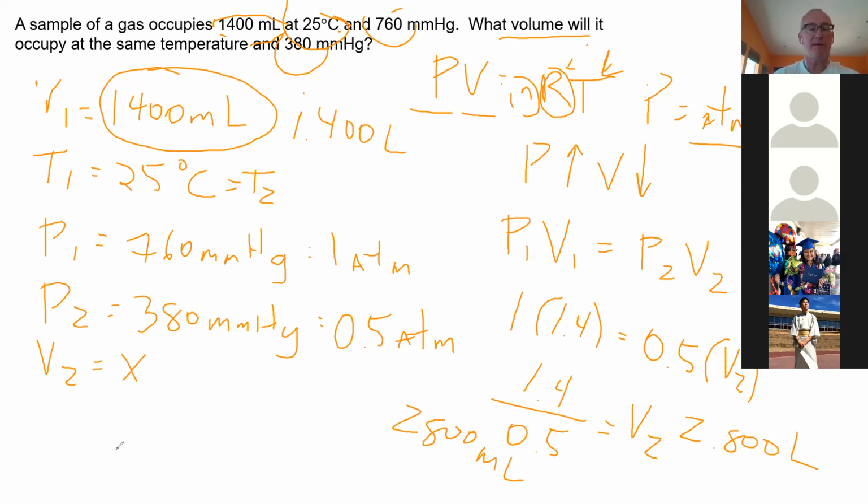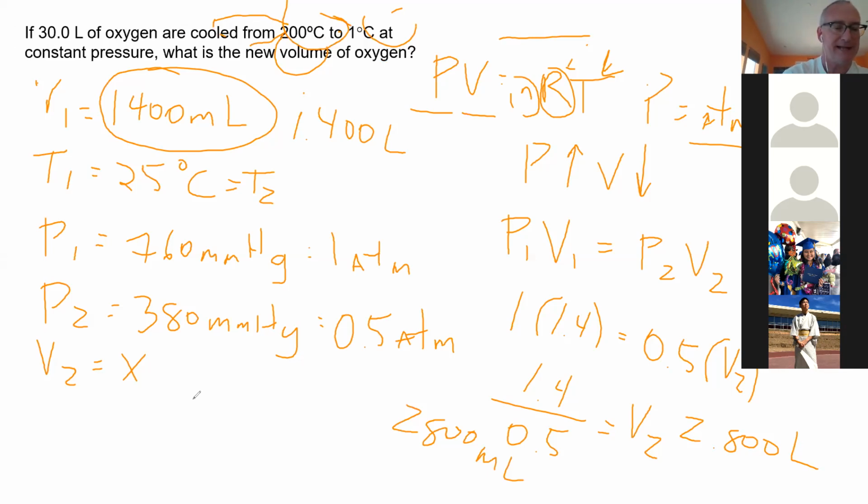So 1400 basically tells us I'm accurate to the nearest 100. So 1400 means it's not 1300 and it's not 1500, it's 1400. So it's only these 2 digits that are significant.